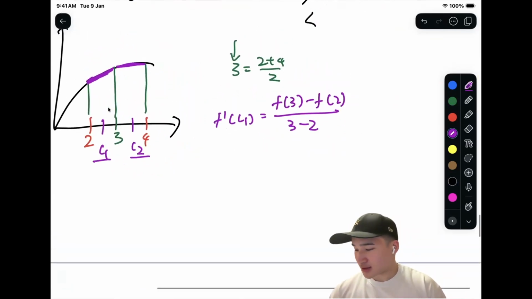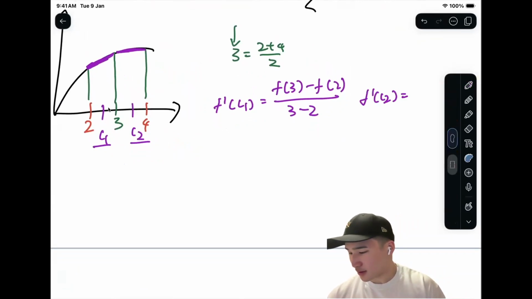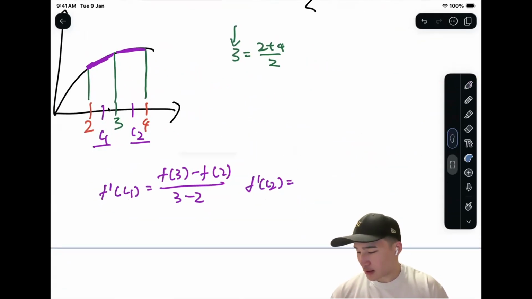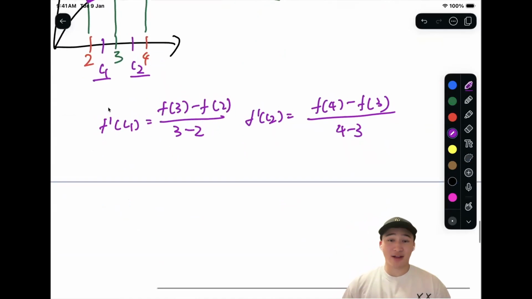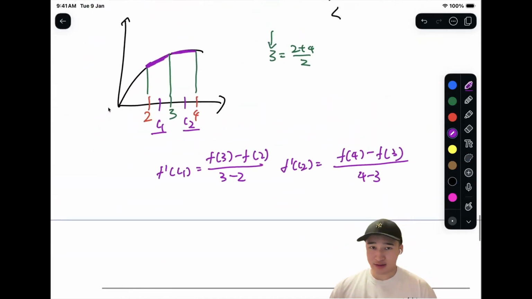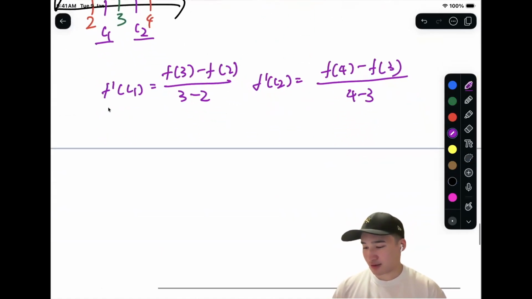And F prime C2 is equal to F4 minus F3 over 4 minus 3. This is simply the mean value theorem, and it's going to kick in clutch in a couple of seconds.